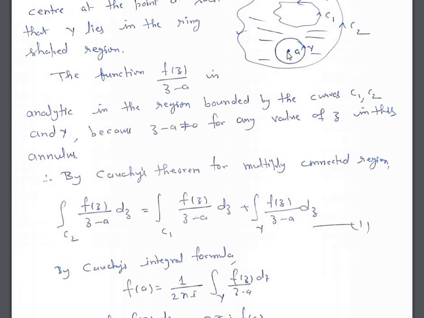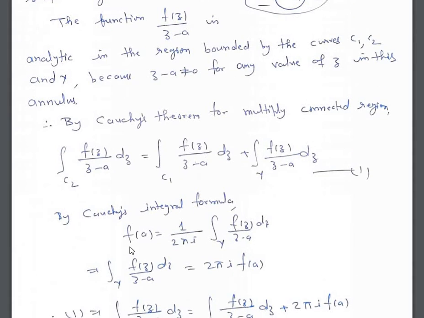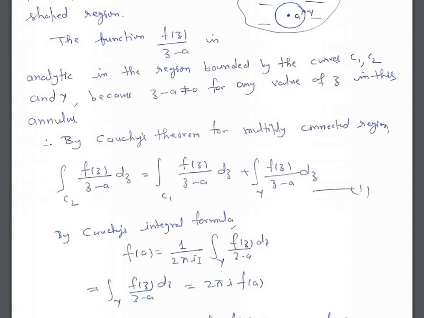Now because function f(z) is analytic inside and on gamma, therefore the value of f(A) by Cauchy's integral formula is given by f of A is equal to 1 upon 2 pi i integral over gamma f(z) upon z minus A dz. Cross multiply by 2 pi i, we have integral over gamma f(z) upon z minus A dz is equal to 2 pi i into f(A).